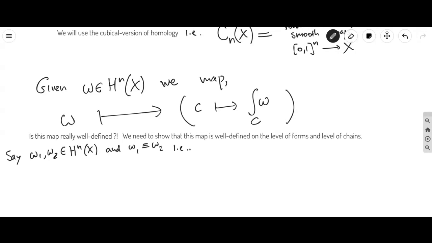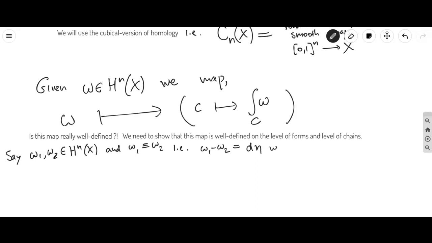So what does that mean? It means that their difference, if they're cohomologically equivalent, that means they're different. It's just like cycles. The difference of two cycles is the boundary of something of higher dimension. Here it goes the other way. Their difference would then be the derivative of something of smaller dimension.